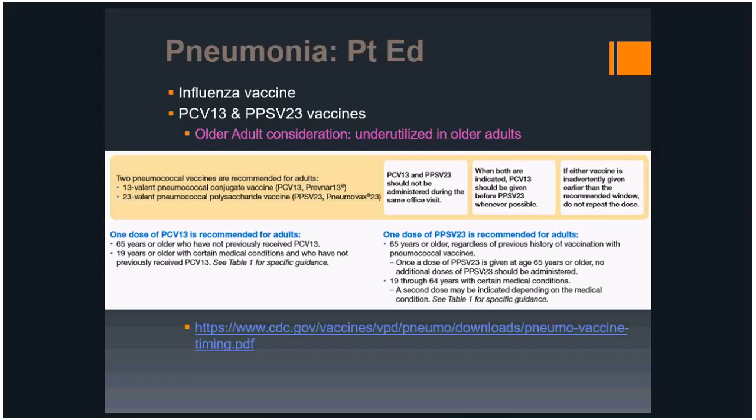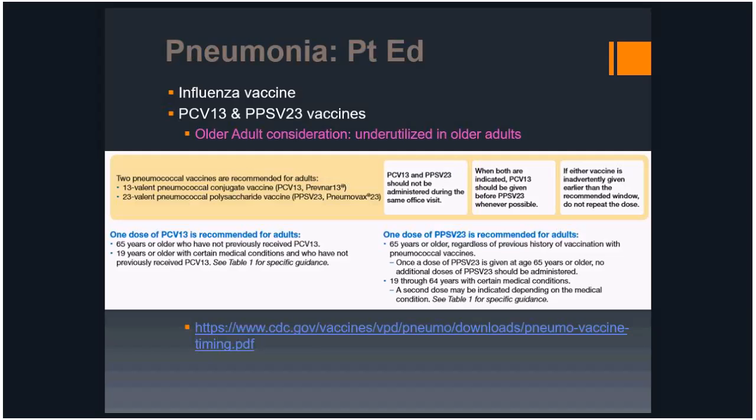This is a resource that tells you about the 2 vaccines that are recommended for adults, the Prevnar and Pneumovax. And so it's important to realize that both are not given during the same visit, and that if you have an older adult who's not received either, you want to give Prevnar first and then give Pneumovax second.